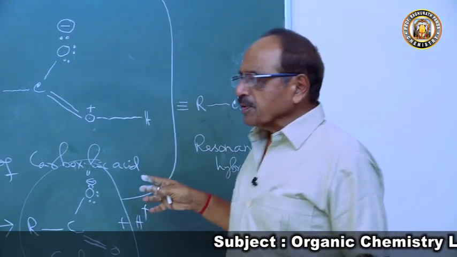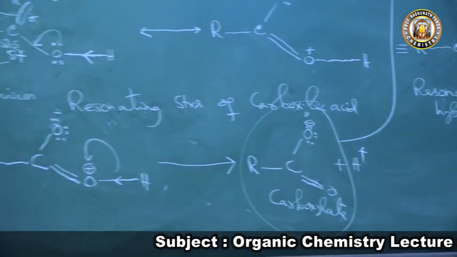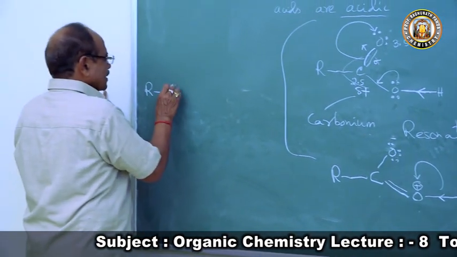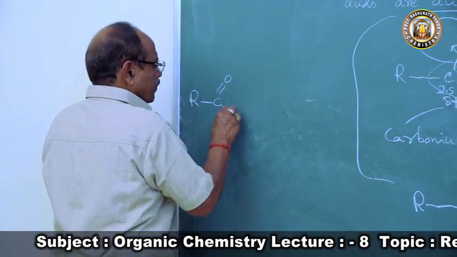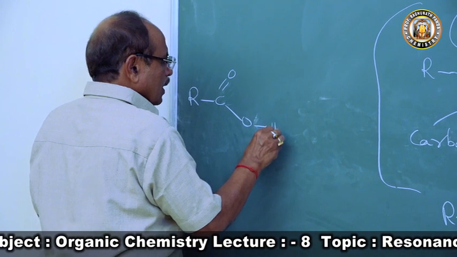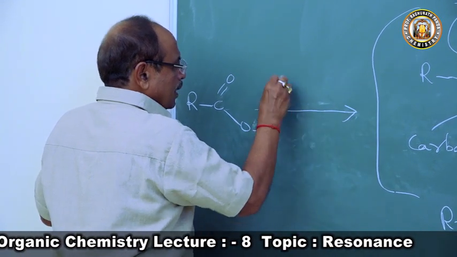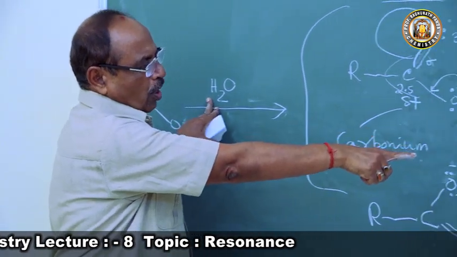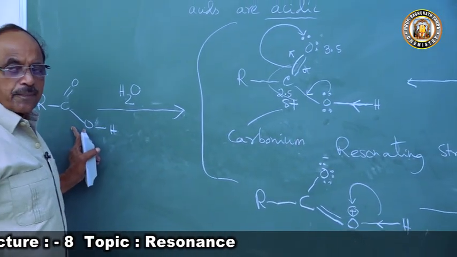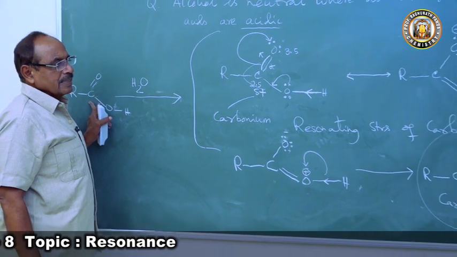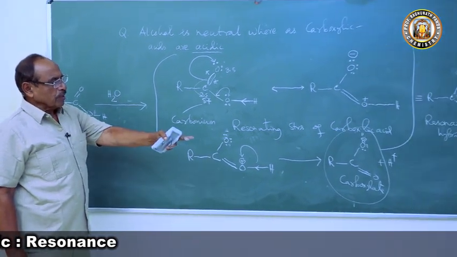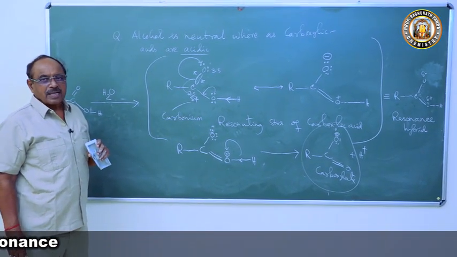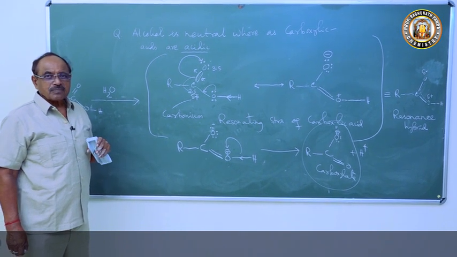So if you take the carboxylic acid molecule in presence of water, now this water is accepting the proton lost by the carboxylic acid molecule. Hence carboxylic acid loses a proton to produce carboxylate ion and H plus ion.